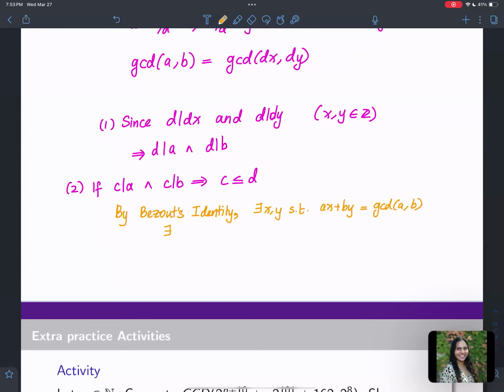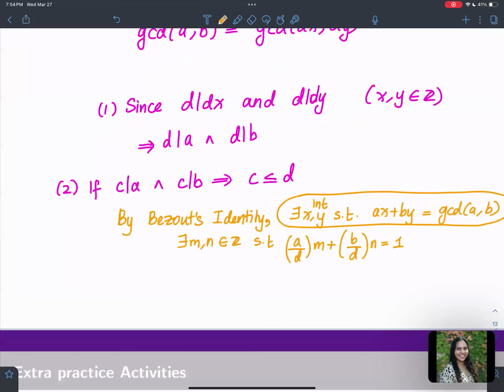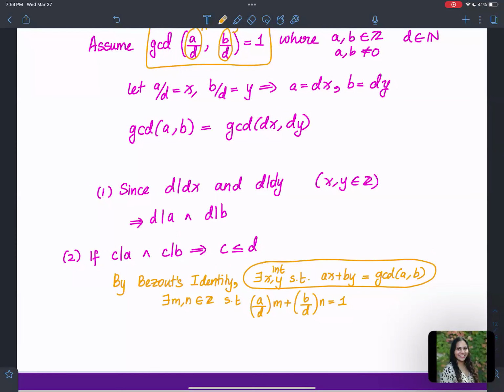So there exist m and n in integers such that A over D times m plus B over D times n equals 1. Here x, y, a, b and all are generic, not specific to the question. This is a general identity form, not the x and y we are using here. Don't get confused, this is just a general statement.